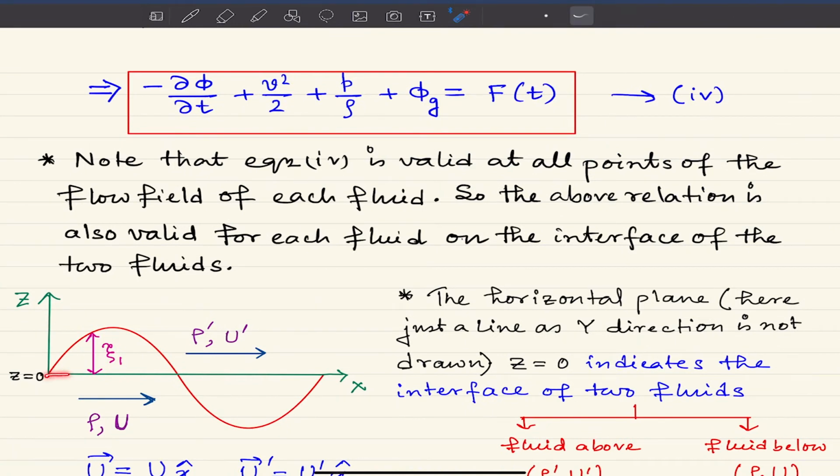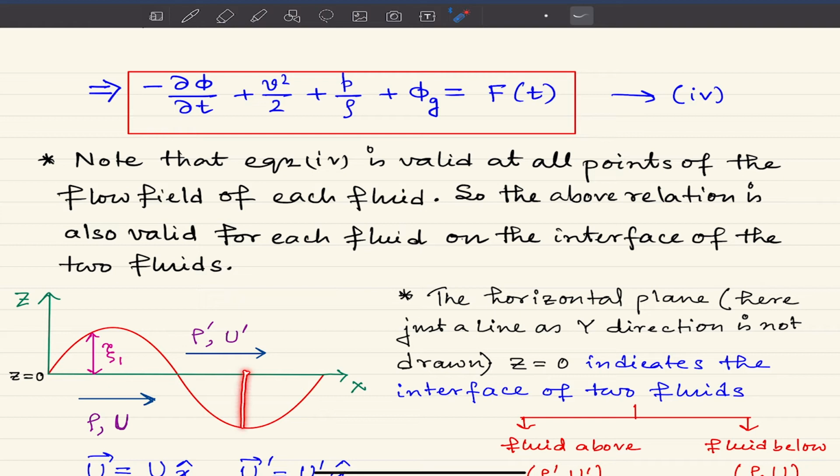When this interface is now plucked to this position, due to plucking, some fluid element which is infinitesimally close to this interface, and which was part of this fluid, actually comes to this fluid. And you can see the same happens for the fluid above.